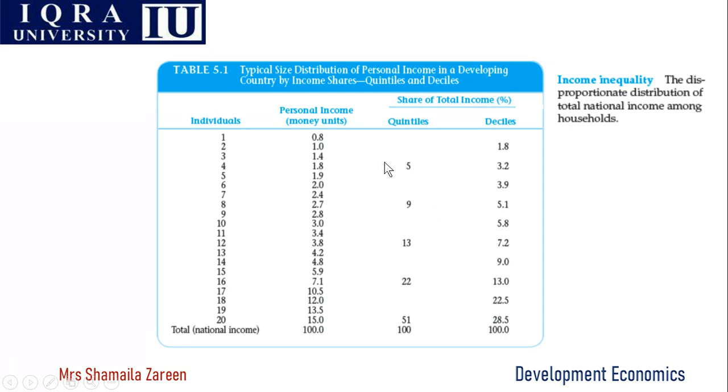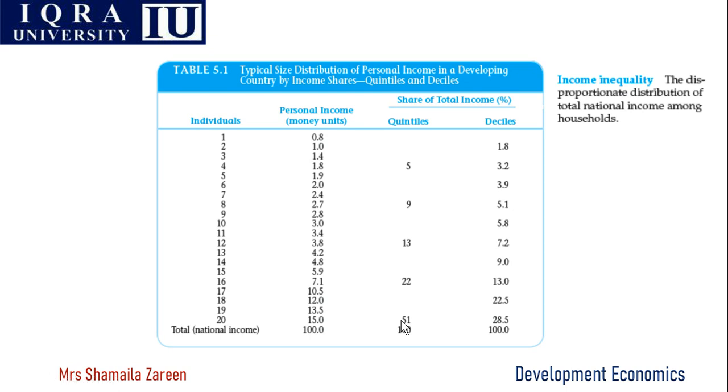And if you add this, you will see the cumulative phenomenon. The bottom 40% of the population is getting 14% of the income, and the top 20% of the people are getting 51% of the income.